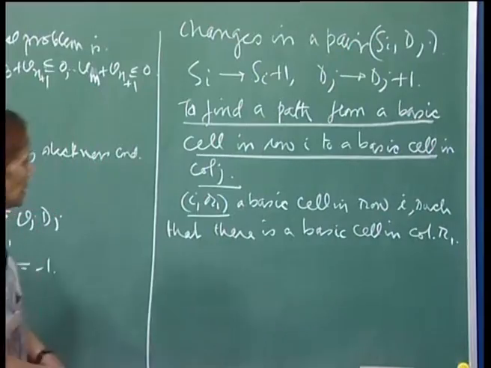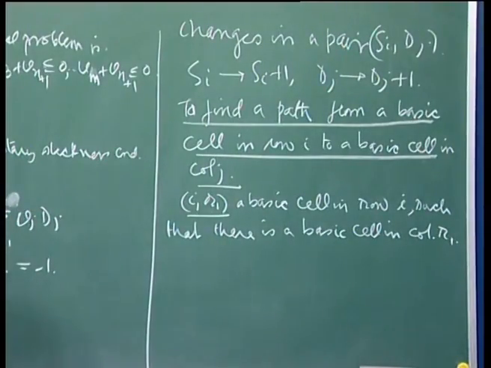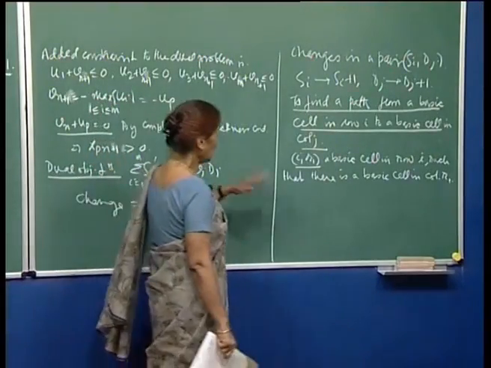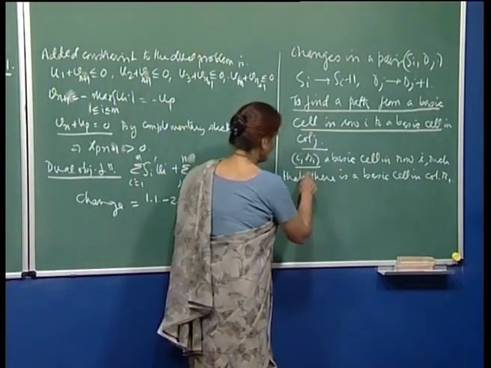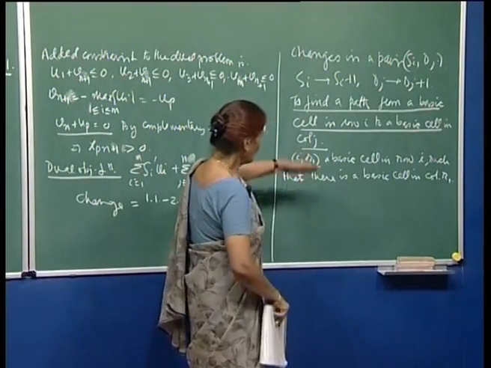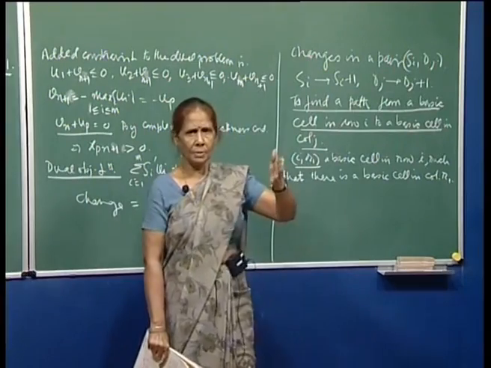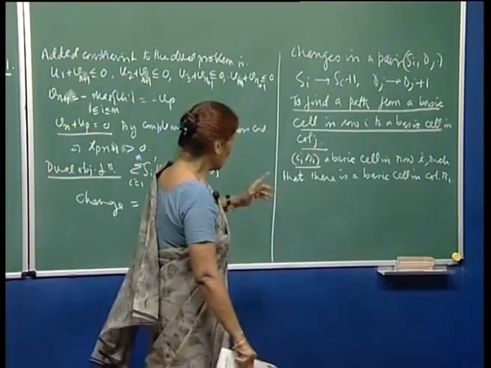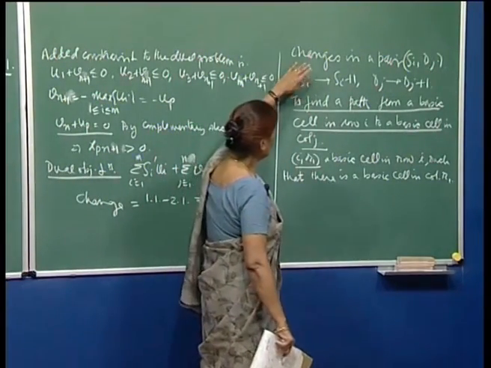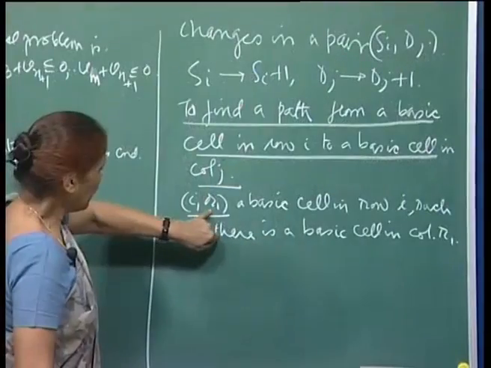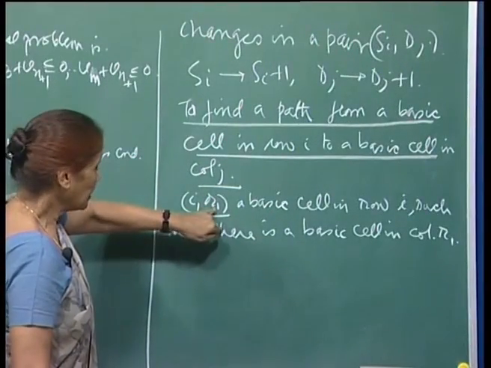Remember, the basic cells are connected, and I have to get back to this property, which I will do right now. You should be able to move to a column along r_1, because the demand for column r_1 has not changed.